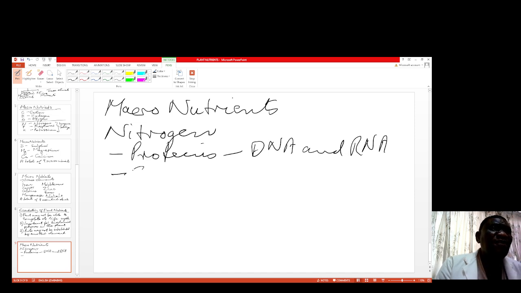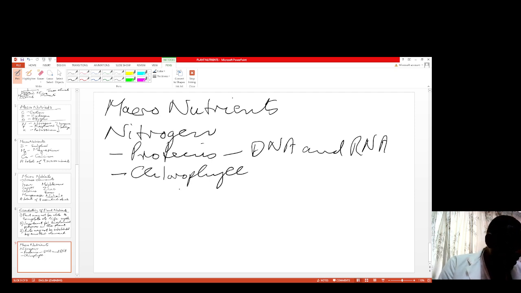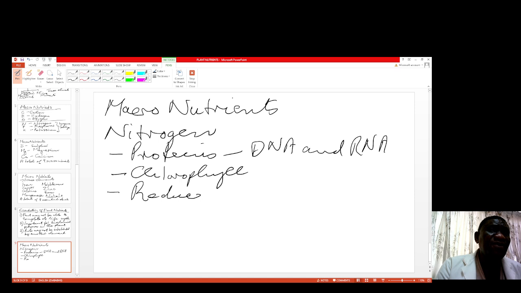It's also part of, I think, chlorophyll. There's a bit of nitrogen in there. So the absence of nitrogen may mean reduced growth, and it may apply to most of these nutrients. Reduced plant growth.